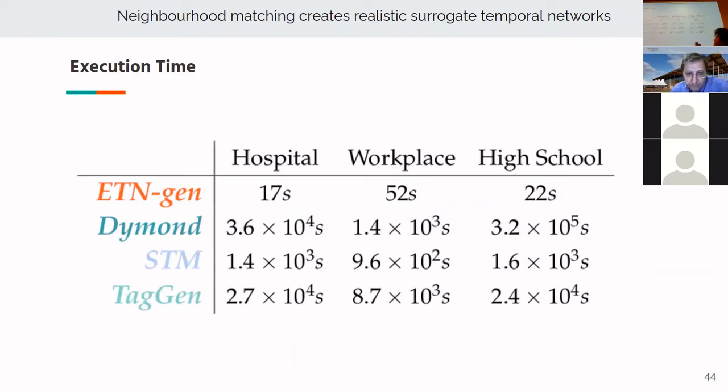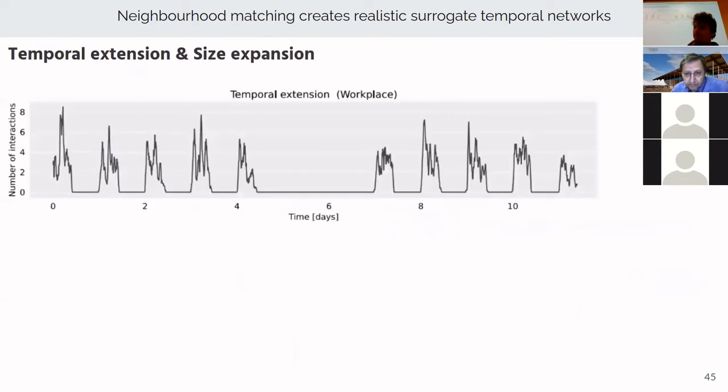For instance, in the hospital, 70 seconds, while Diamond, STM, and TagGen are much slower than our algorithm. The key point of this work is that now we have a mechanism to extend an input graph in both time and number of nodes.